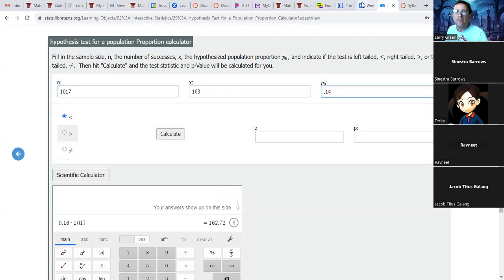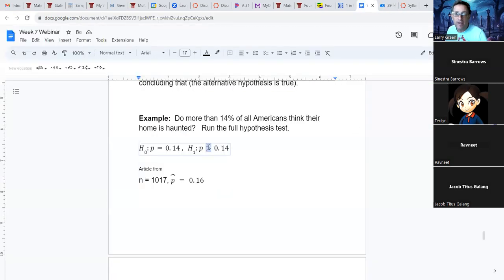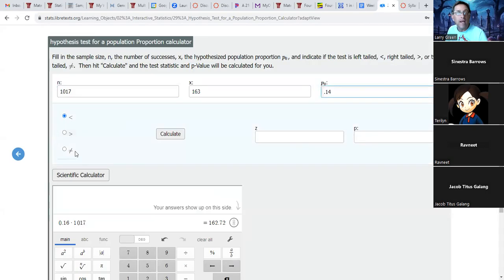And our alternative hypothesis has a greater than sign. So we have to click greater than and hit calculate. Okay, now it's Z, by the way, notice that. It's never T with proportions. So the test statistic is Z equals 1.86.